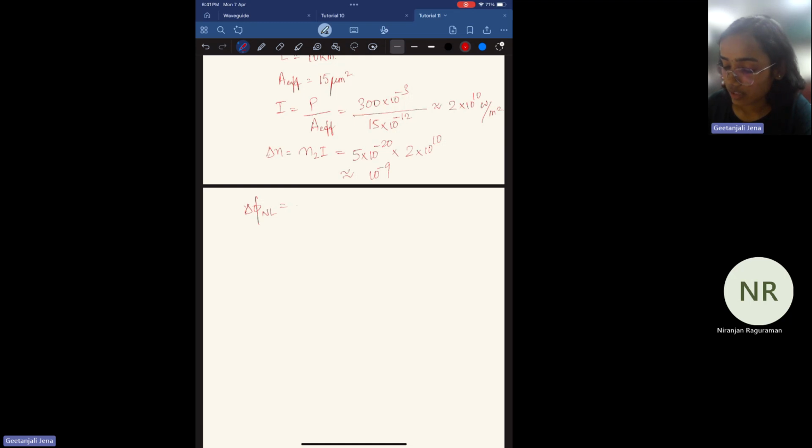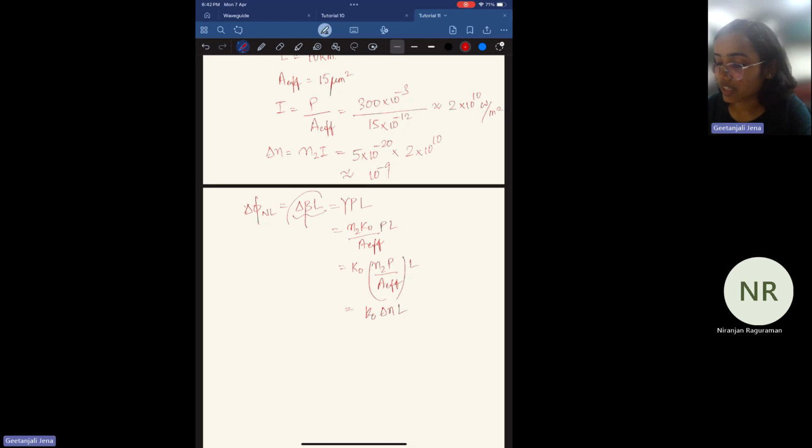You can write it as delta beta into L. One of the expressions for delta beta we have seen in the class: it is gamma into P L, or gamma is nothing but n2 k0 by A effective, into P L. So that means this is nothing but k0 n2 P by A effective into L. So this is k0 delta n into L. In the first question, we directly assumed this is k0 delta n into L, but you can see here, these two expressions are equivalent.